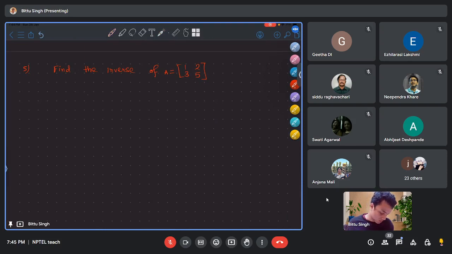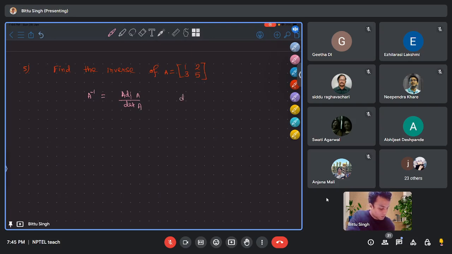The formula says if A inverse exists, then A inverse is adjoint A by det A. Okay, you need to find adjoint, then divide this by determinant.